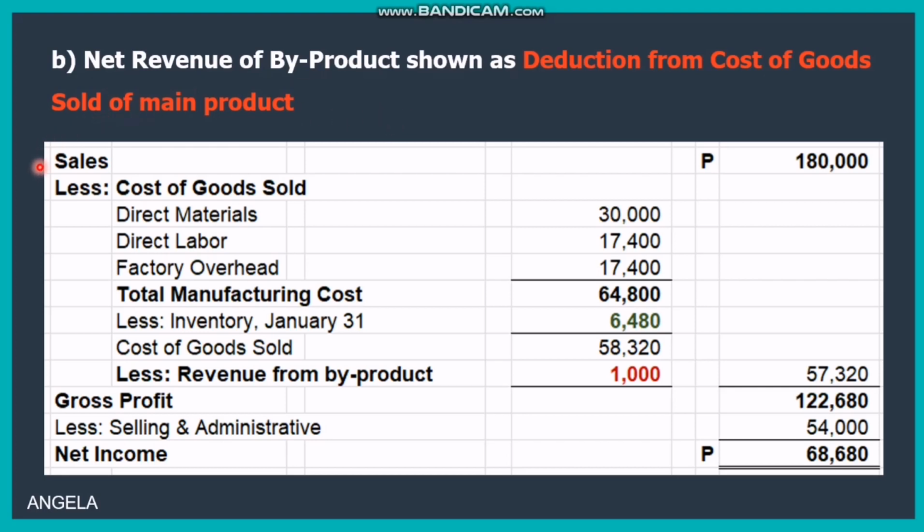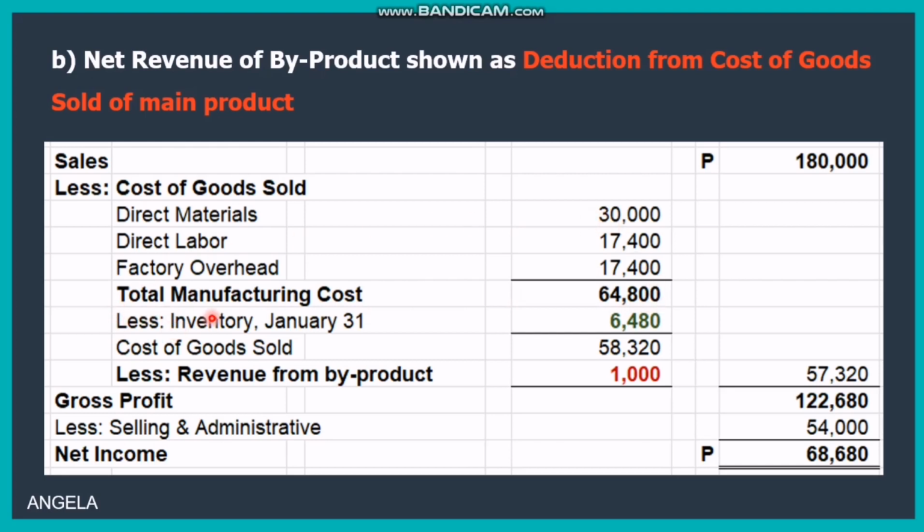Okay, first is sales. Yung sales natin is 180,000 pesos na lang kasi hindi na dito included yung net revenue ng byproduct. Kasi nga po, magpapakita na siya as deduction sa cost of goods sold ng main product. Okay. Less natin sa cost of goods sold. Again, i-add lang po yung direct materials, direct labor, and factory overhead para makapag-arrive tayo sa total manufacturing cost na 64,800.